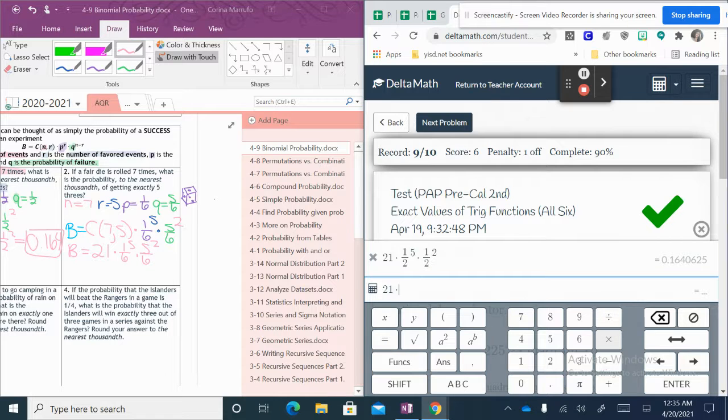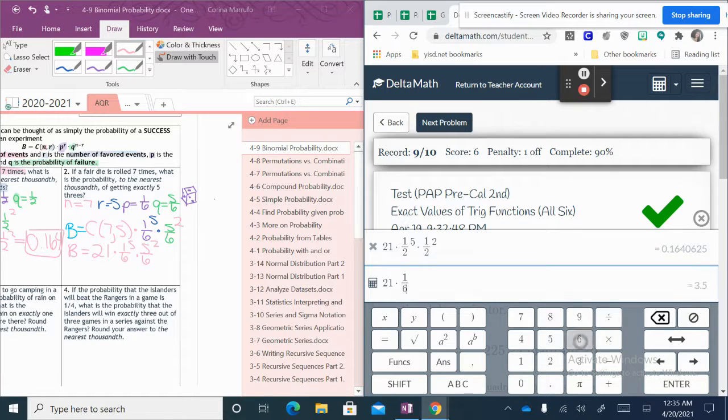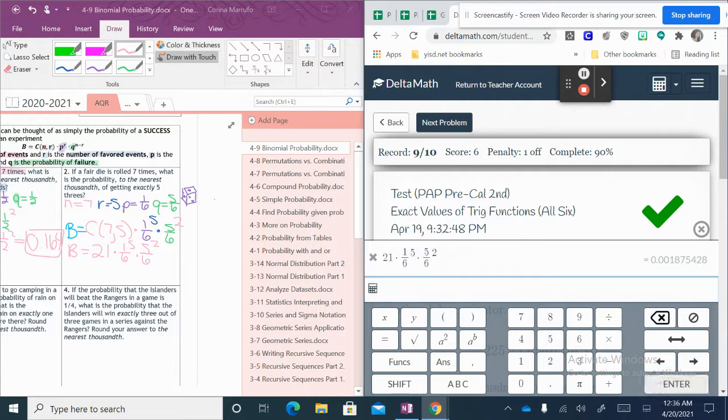Times 1 over 6 to the power of 5 times 5 over 6 to the power of 2. Enter, and we're rounding to the nearest thousandth, so it's going to be equal to 0.0018, so we'll round to 2.